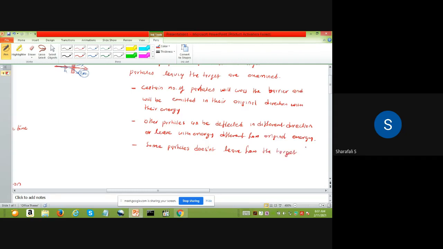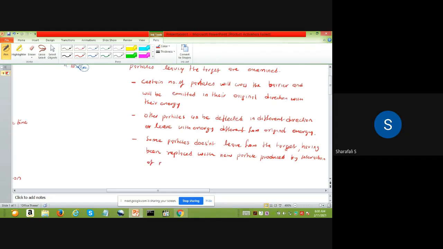Instead, they are replaced with a new particle produced by the interaction of the missile particle.